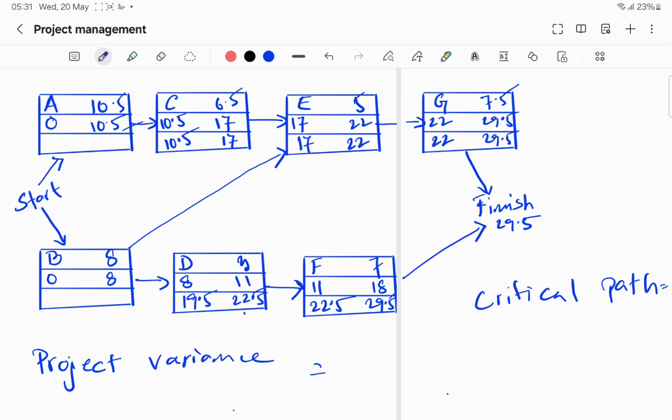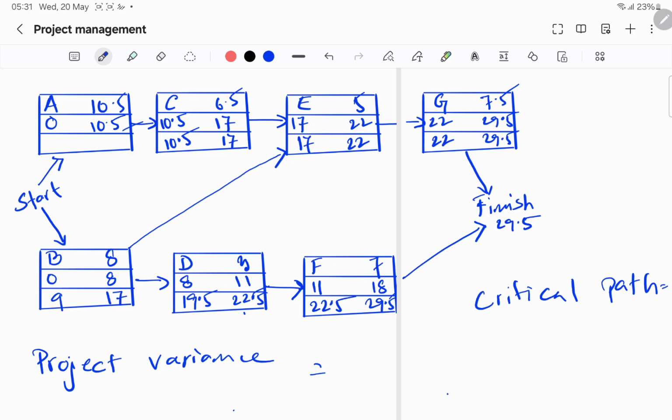Between E and D, we look at the latest start times and take the smallest, which is 17. So 17 minus 8 is 9.